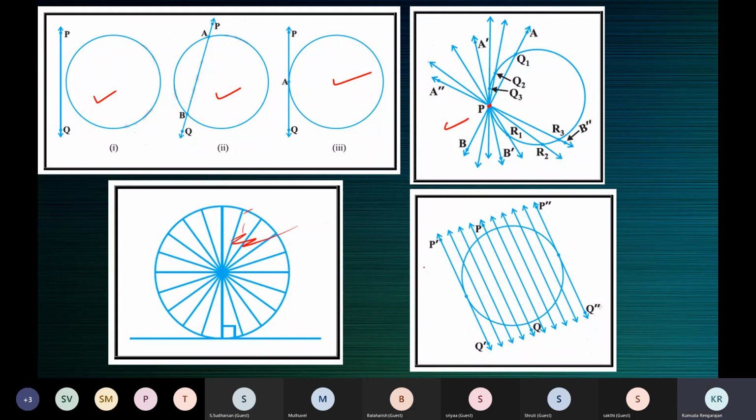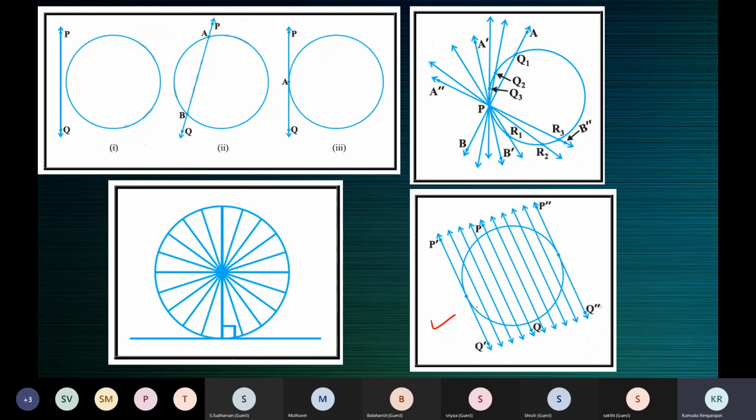Look at this one. Now, P dash Q dash is a tangent to the circle.